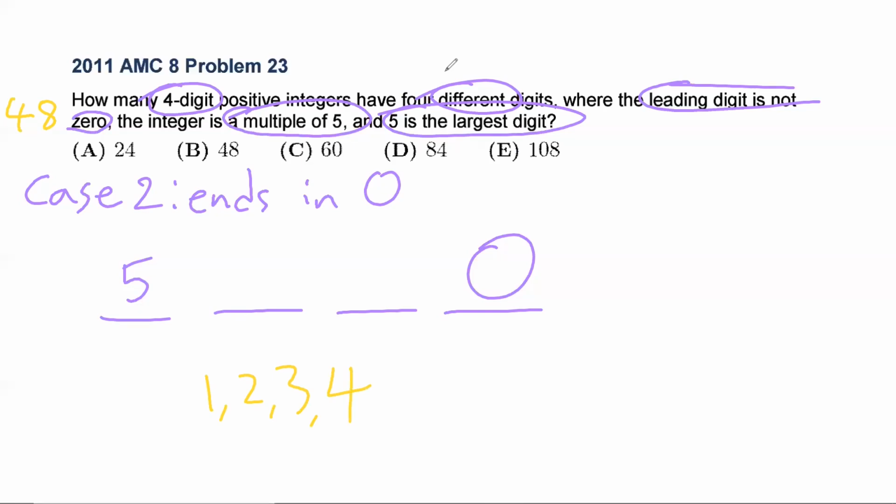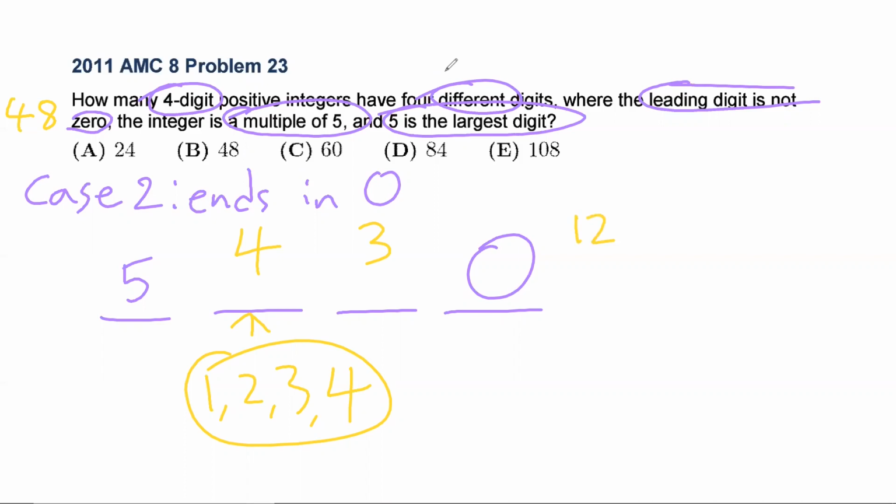And we can put any of these 4 numbers in the second place position for 4 possible choices. And once we've used that number for the second position, we can no longer use it for the third position. So now for the third position, there's just 3 left. And so 4 times 3 gives you 12 for this subcase.